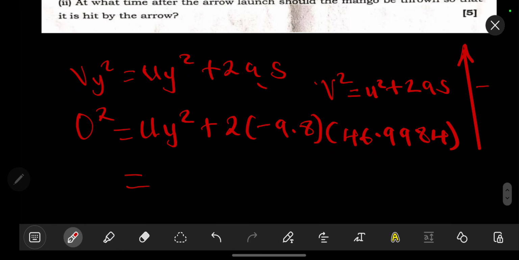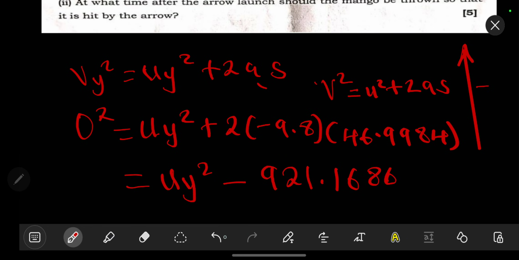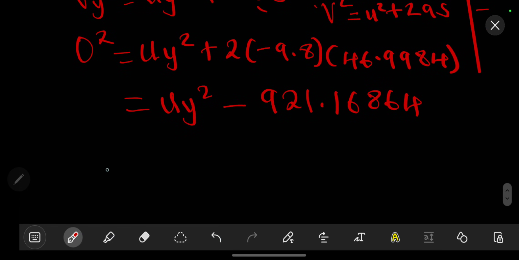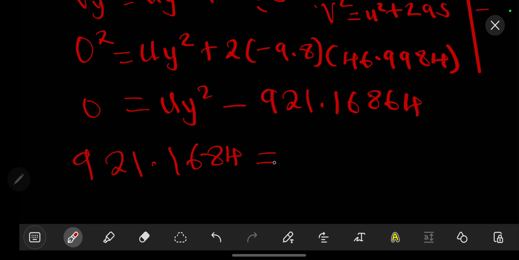Then when we multiply, we are going to have our 2 by our 9.8 by our 46.9984, not forgetting the negative, is equal to uy squared minus 921.1684. We take this value to the other side, so here we have 921.1684 should be equal to our uy to the power of 2.